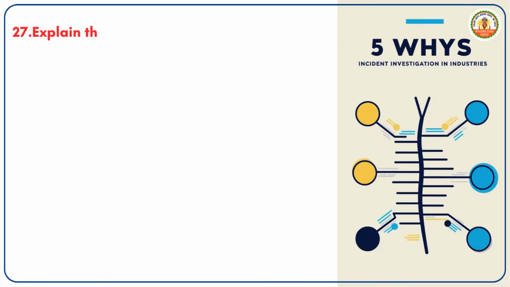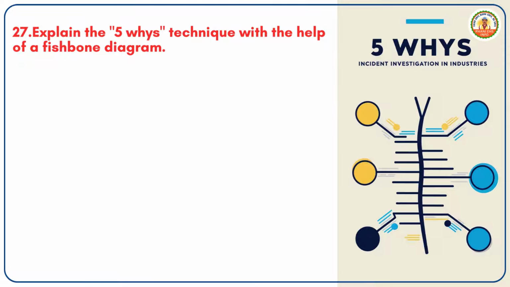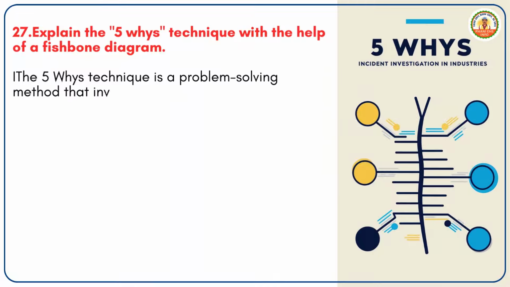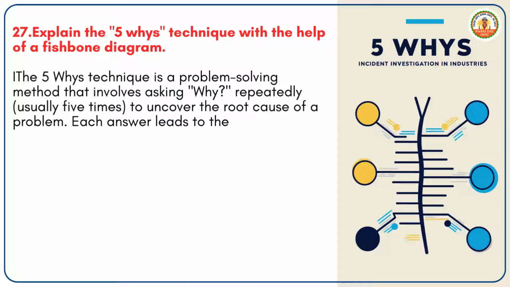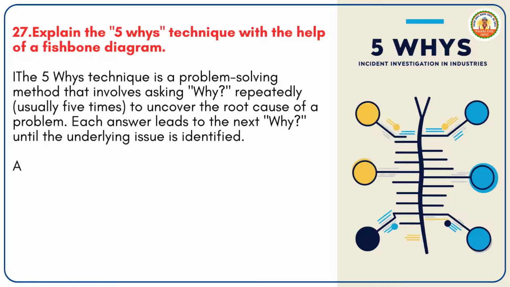27. Explain the 5 whys technique with the help of a fishbone diagram. The 5 whys technique is a problem-solving method that involves asking why repeatedly, usually 5 times, to uncover the root cause of a problem. Each answer leads to the next why until the underlying issue is identified.